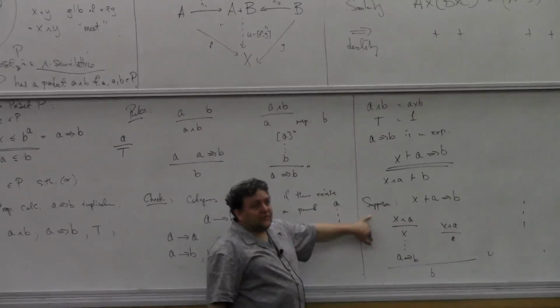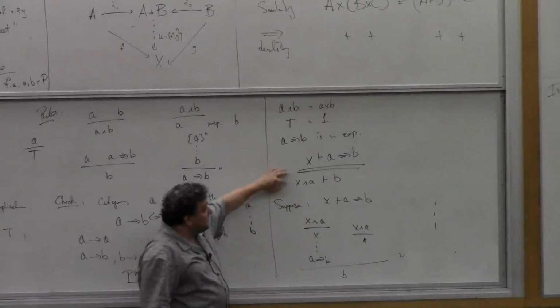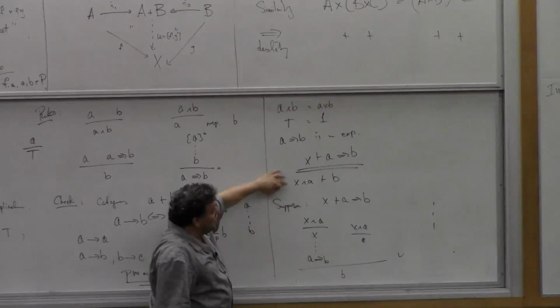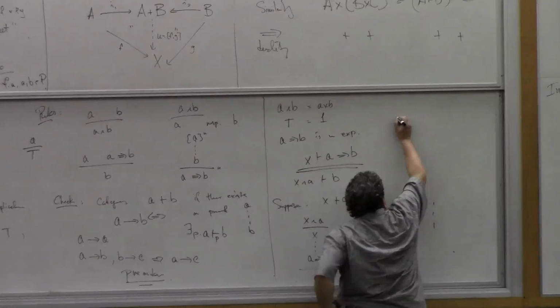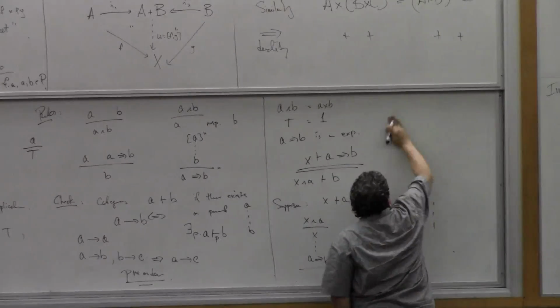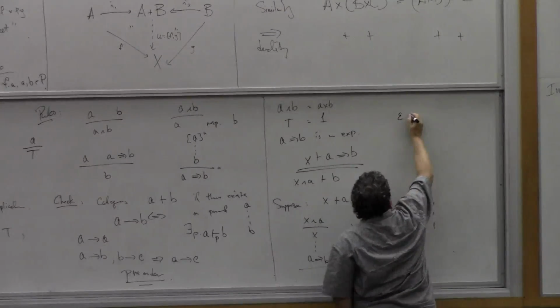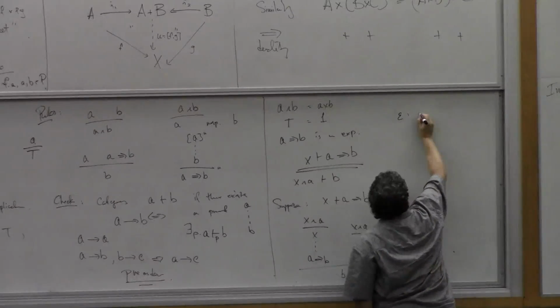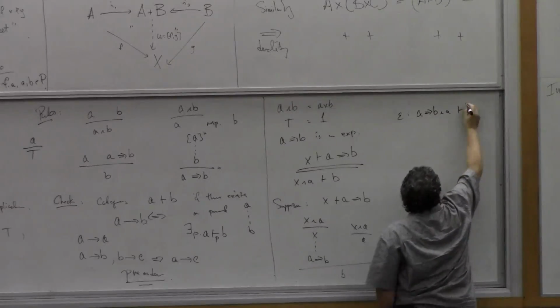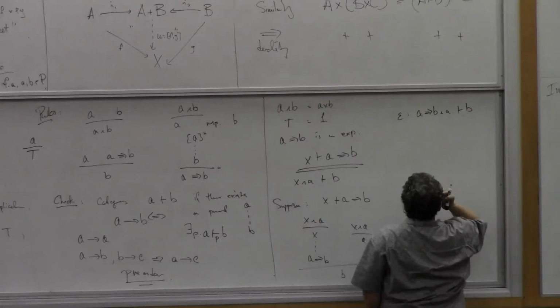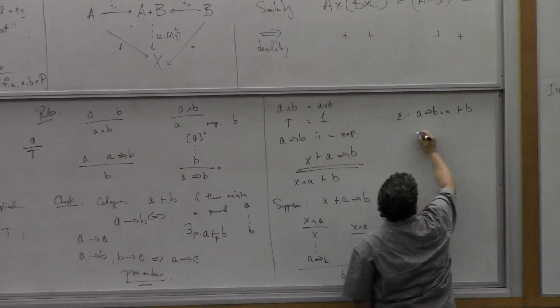And now you might wonder, well, what's the evaluation here, right? Because I have the two-way rule, but I haven't shown you what the evaluation is for the exponential. So the evaluation of the exponential should satisfy A arrow B and A proves B. So we have to check that there is a proof like that. Well, it's easy, right?